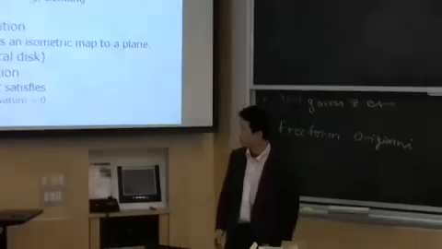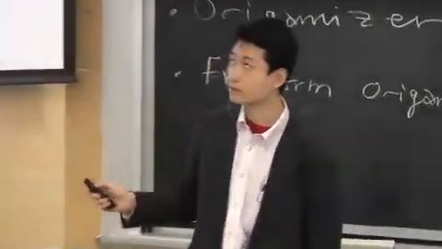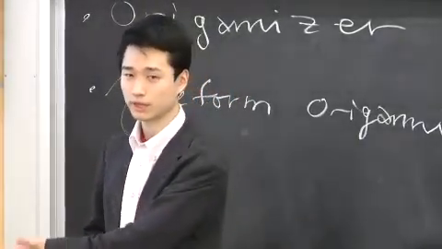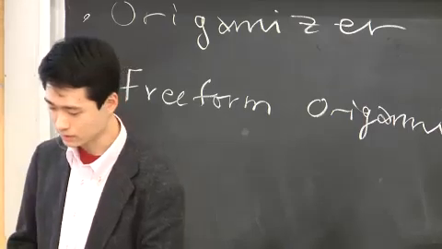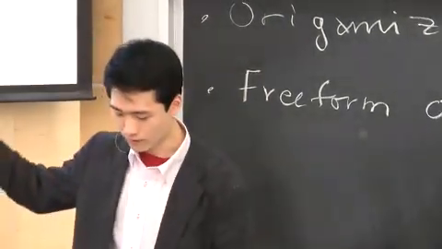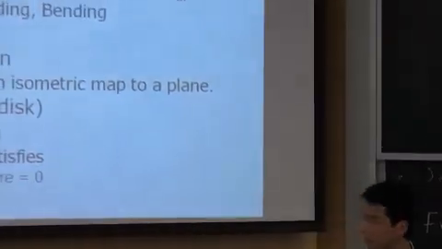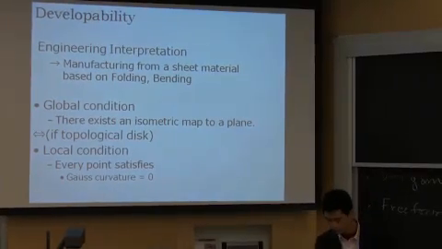Globally, the condition is represented by the existence of some isometric mapping to a plane. But if the surface is a topological disk, it can be represented by a local condition: at every point on the surface, the Gauss curvature is 0.